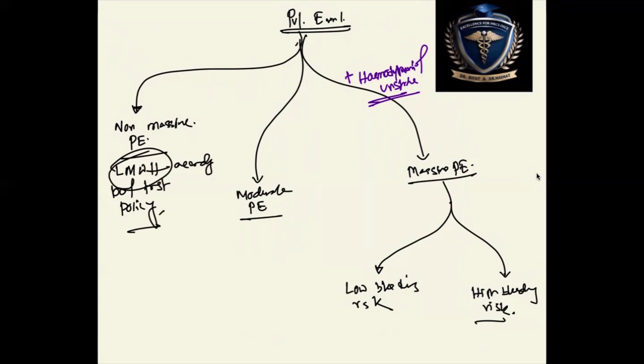In case of massive or moderate pulmonary embolism, we use low molecular weight heparin or catheter directed or surgical embolectomy.